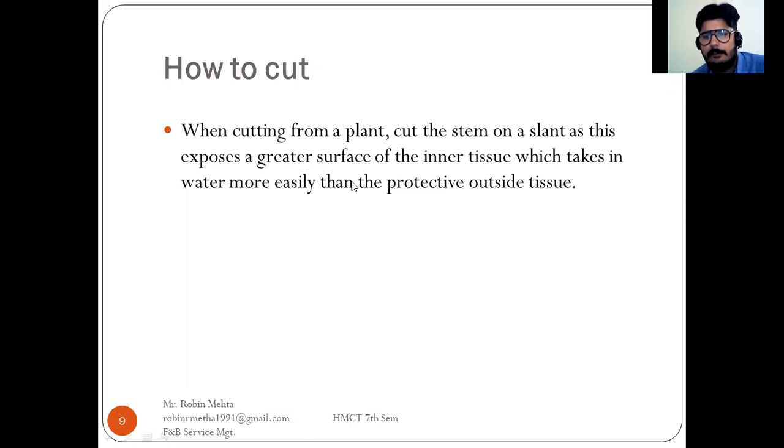By giving the slant cut, the protective outside tissue exposes a greater surface of inner tissue. It makes a big surface area, so when we put it into the bucket or into water, the suction of water for that plant is easier. That's why we give the slant cut to the stems.